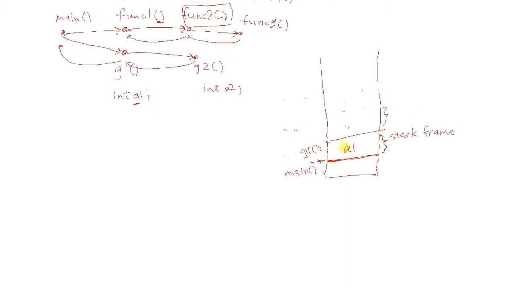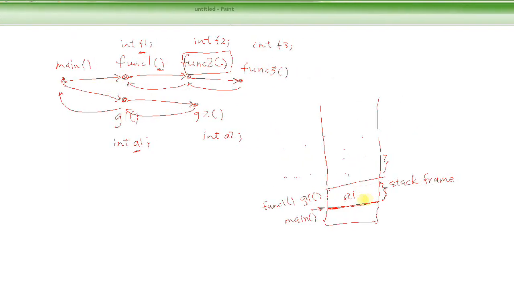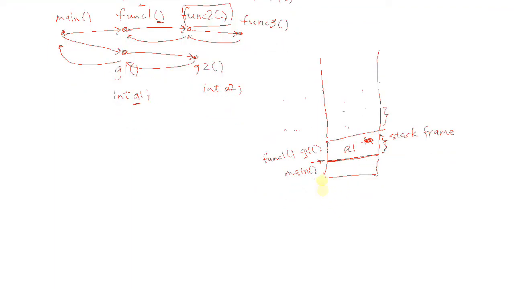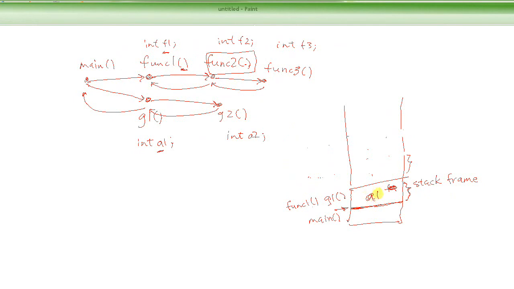Then g1 is going to use variable a1 and change the value of a1 and all this stuff. Now remember, before this, func1 was located here also. So the variable f1 was located at the same location as a1. Now f1 does not even exist, because this function has already returned. Now a1 exists.